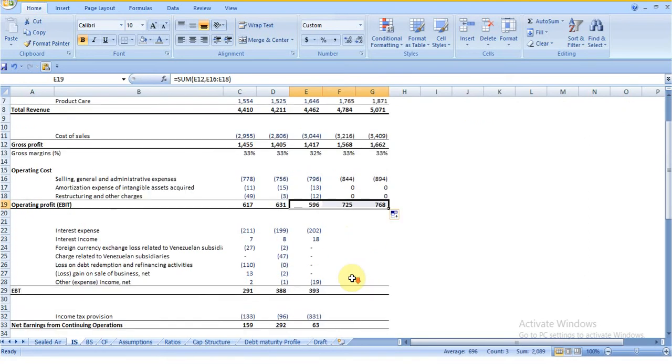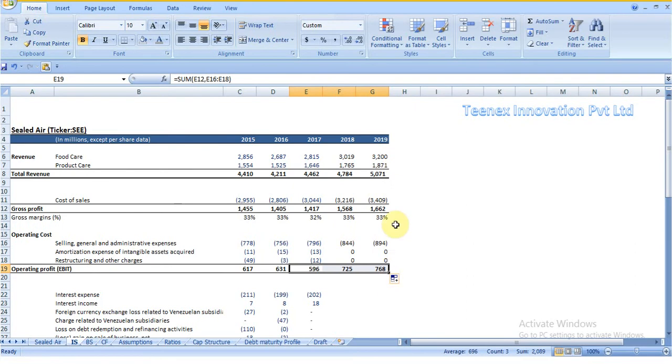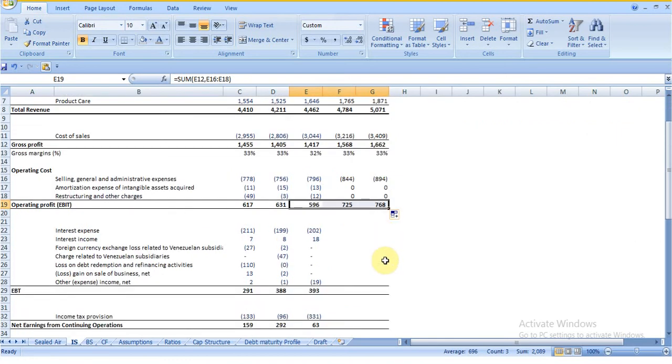Now, in the income statement, I have revenue, I have cost of goods sold, and I have operating cost. What I do not have, and what is important to forecast here, is one, interest expenses, and the other, income tax provisions. These two are the major line items which we need to forecast.